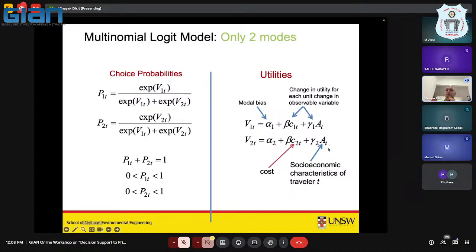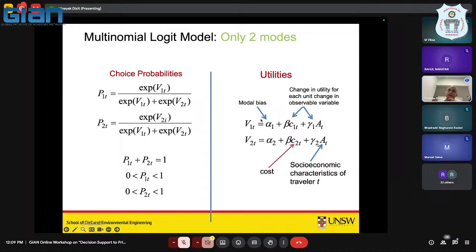And At is the socio-economic characteristics of traveler t. So these two terms are what you're able to observe in the data. What we generally do is a survey. So they're called stated choice preference, or we can also do revealed preference, where we get information about different bus routes and different vehicle routes, and we're getting different C1ts.